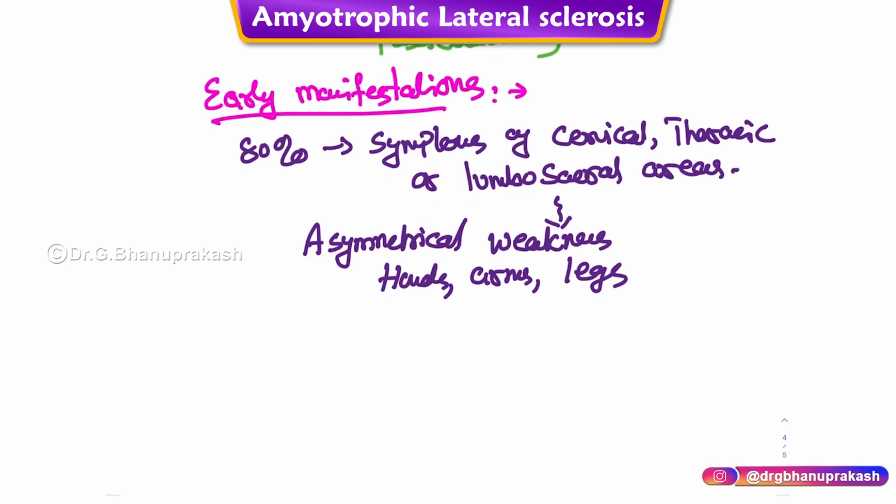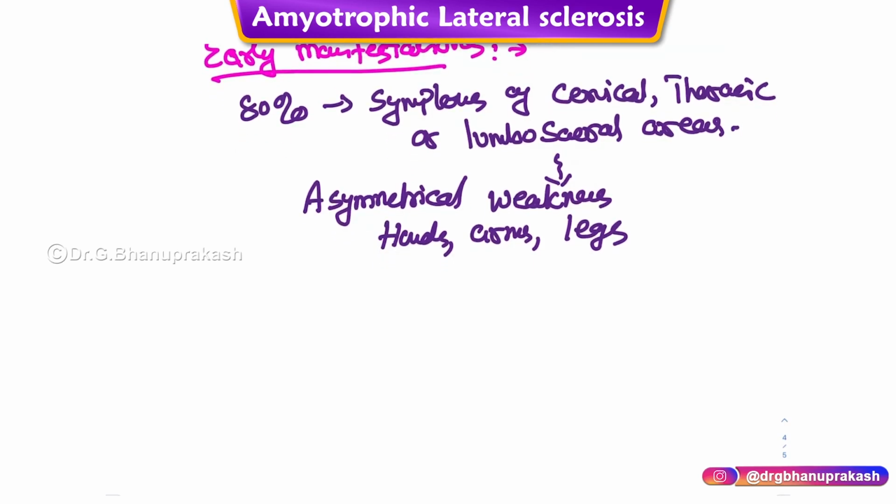Patients with ALS will also notice difficulty with fine motor skills, for example picking up a cup or writing with a pen. So this is how we can identify the early symptoms. I told you that 80% of the patients initially present with symptoms affecting the cervical, thoracic and lumbosacral areas.